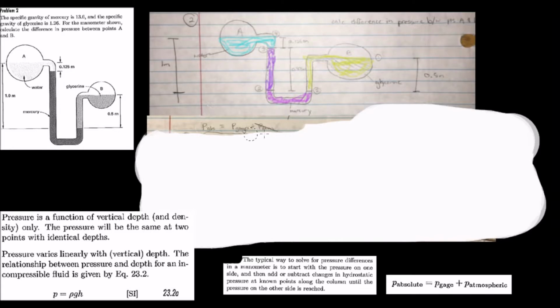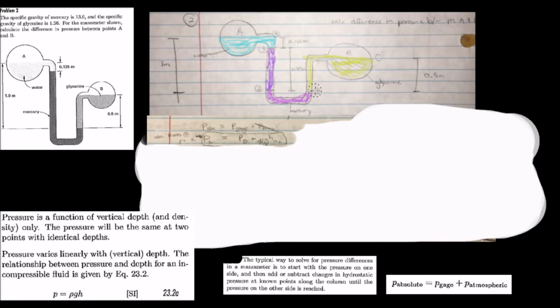But in this case, since we don't have anything open to the atmosphere, P atmospheric is just 0. Now we can start to solve, and in this case we're actually going to have to use a system of equations in order to find this pressure difference.